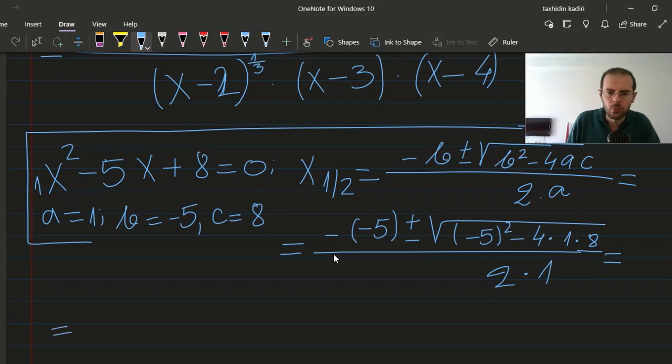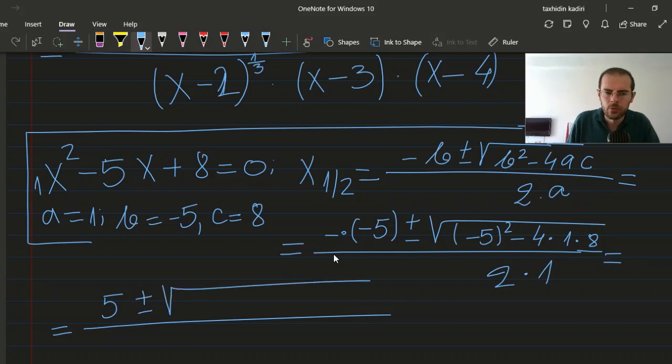What will we have here: 5, here minus multiplied by minus is plus, plus or minus the square root. Minus squared is plus, because minus multiplied by minus is plus. 5 squared is 25, because 5 multiplied by 5 is 25, minus 4 multiplied by 8 is 32, 32 multiplied by 1 is 32.